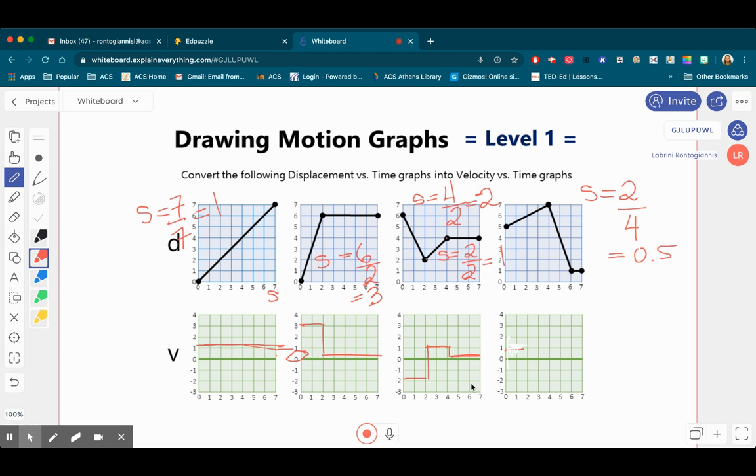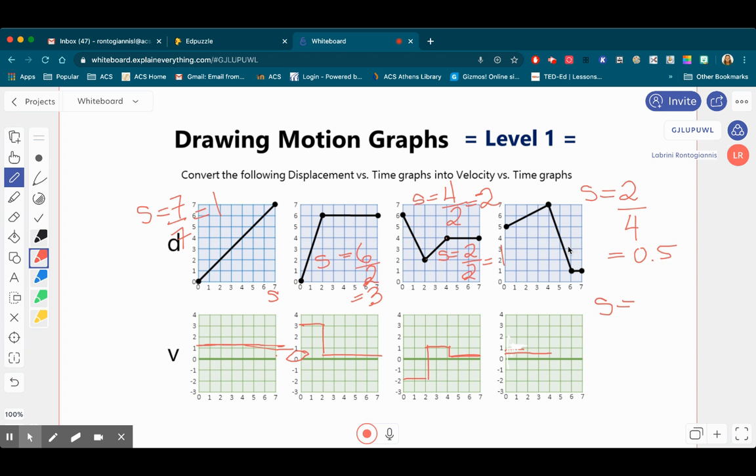Okay, let's start that over. So we said here, let's do this one over. So 0.5 for 4 seconds. Then we were at -3.